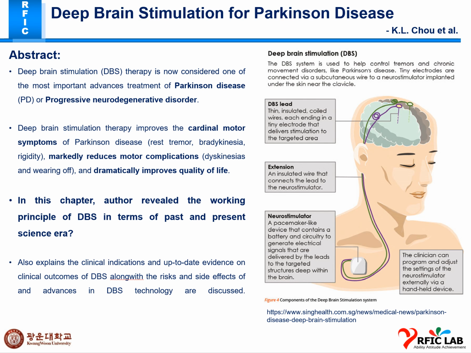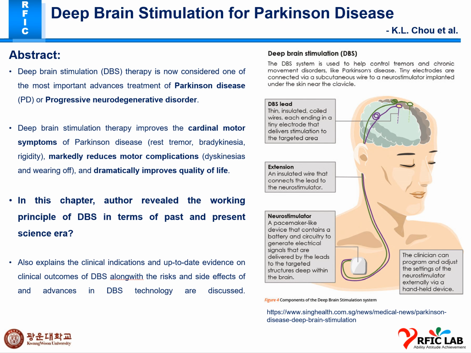This therapy is considered one of the most important advanced treatments of Parkinson's disease, a progressive neurodegenerative disorder, and it improves cardinal motor symptoms of Parkinson's disease, markedly reduces motor complications, and dramatically improves quality of life.